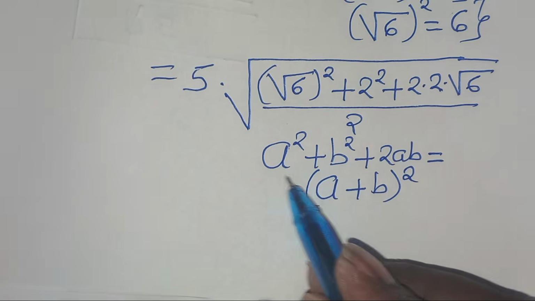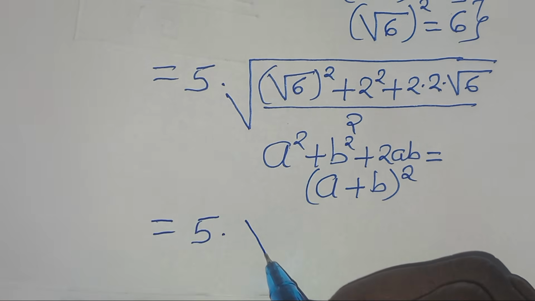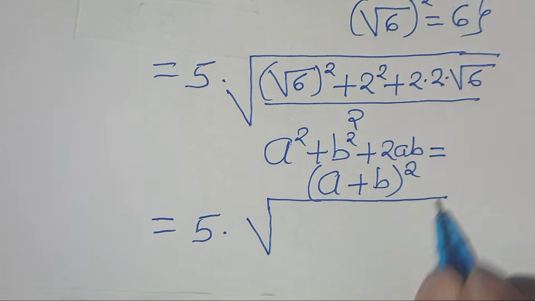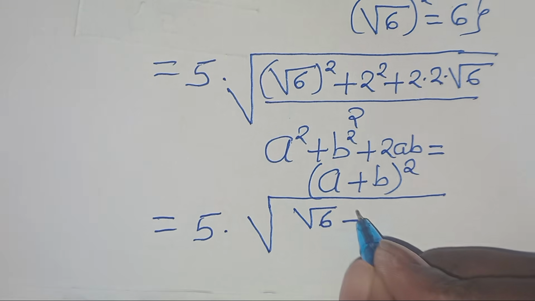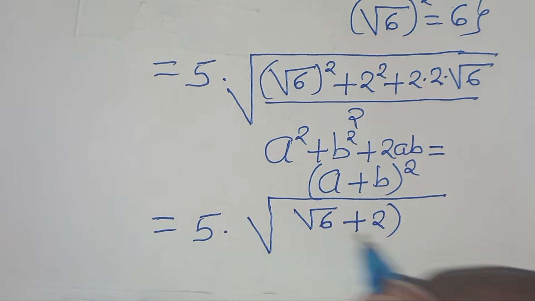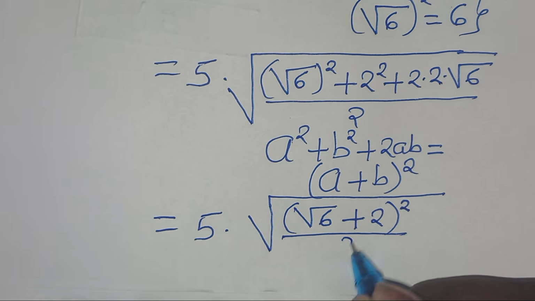So let's apply this algebraic identity, so that now we have 5 multiplied by root 6 plus 2, everything here raised to the power of 2, then divided by 2.